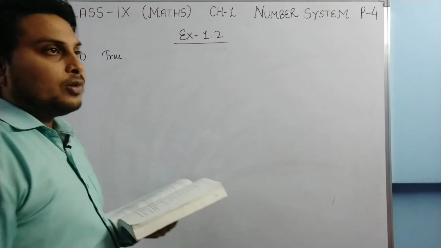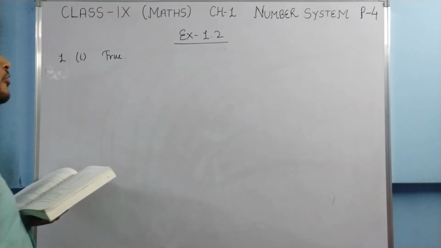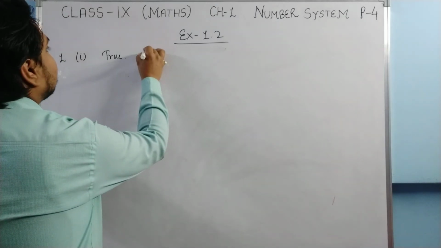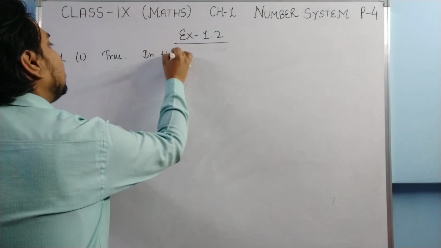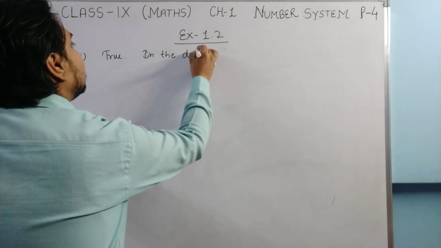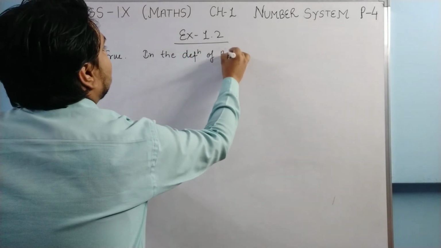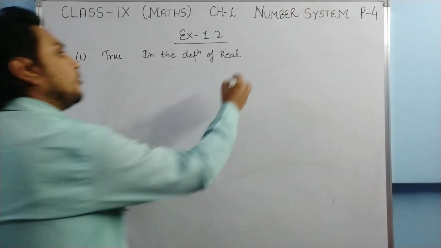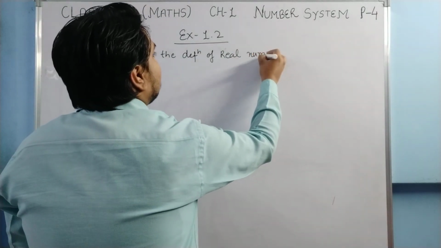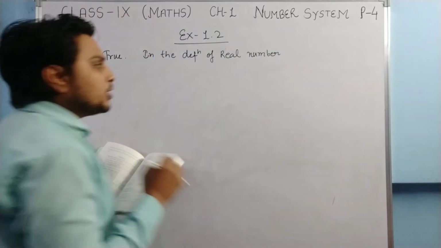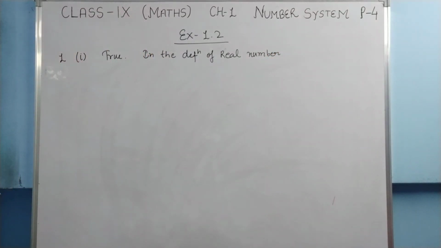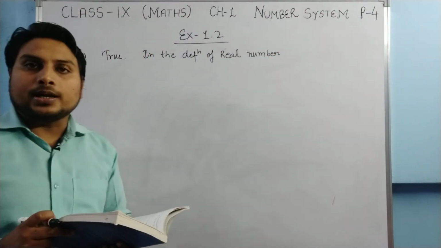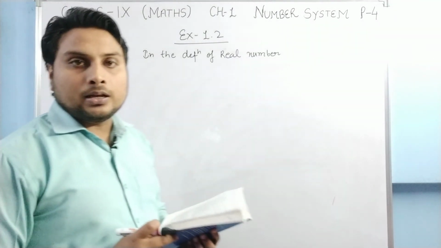So what will we write? We will write the definition of real number. What was the definition of real number? All those numbers which can be shown on the number line are real numbers.